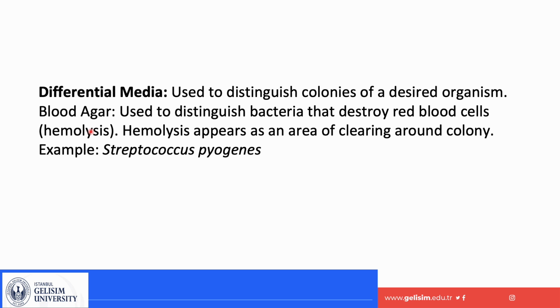Hemolysis is observed as a clearing or discoloration of the media around the bacterial colony. For instance, Streptococcus pyogenes, which is a pathogenic bacteria, shows beta hemolysis on blood agar, whereas other Streptococcus species display alpha hemolysis or gamma hemolysis.